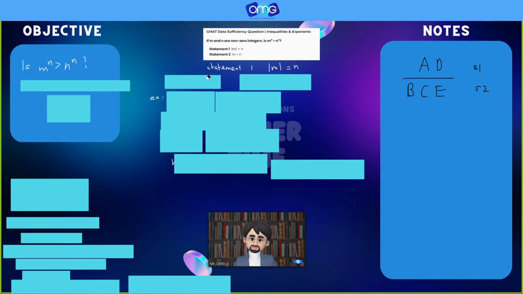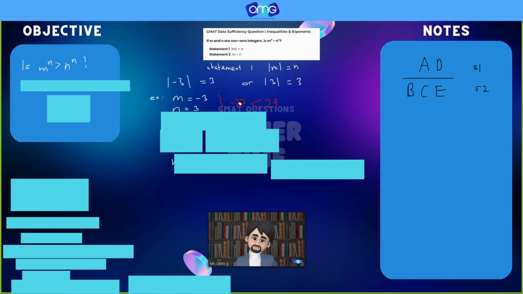That means we can choose absolute negative 3 and 3, and absolute 3 equals 3. Let's give an example: m equals negative 3 and n equals 3. From here we get m to the power of n is minus 27, and n to the power of n is obviously 27, and this is less than.